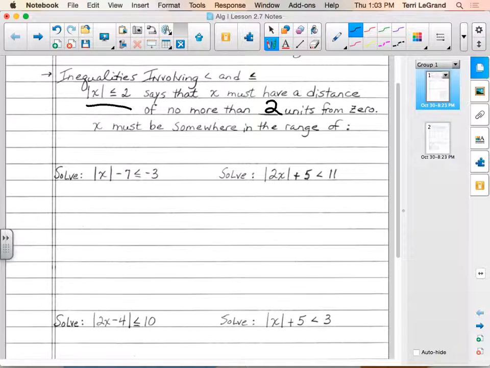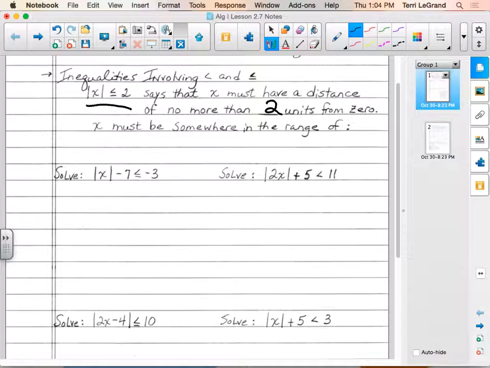In other words, it would be no more than 2 units away from 0. Christian? 1.9. Paul? 1. Ricky? 0. Riley? 1. Morgan? 0.5. Isaiah? 1.6. Okay, so far I've gotten 0 and a bunch of positive numbers.